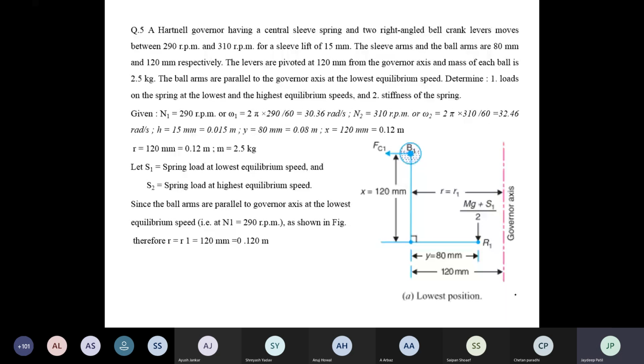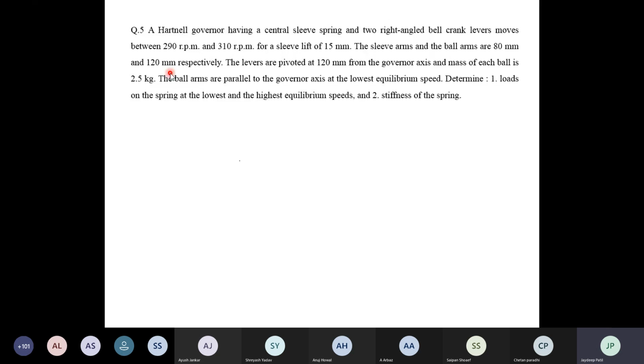Note down this problem. Now see what is given here. A Hartnell governor having a central sleeve spring and two right angle bell crank levers moves between 290 rpm to 310 rpm. Means N1 and N2 are given here. You have to find out omega 1 and omega 2.